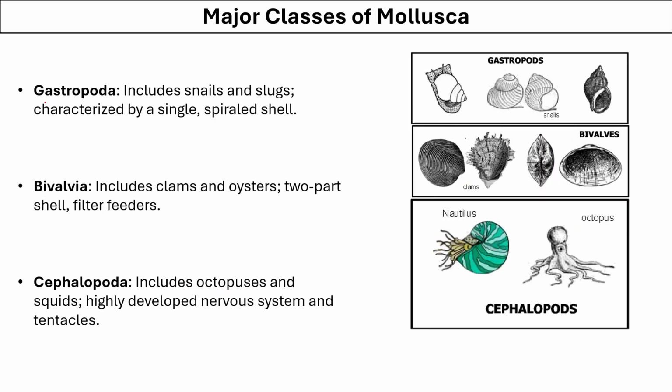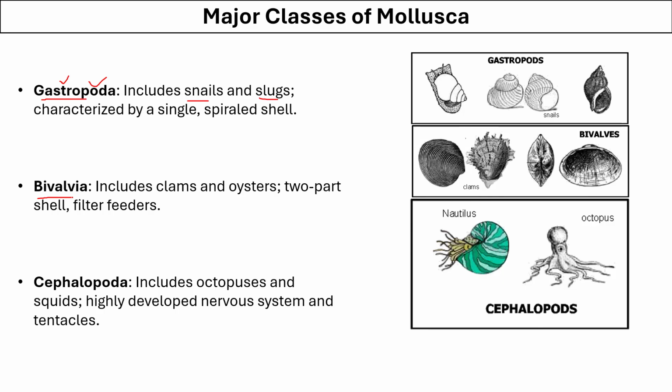Major classes of mollusca are, first, gastropoda. Gastra means stomach and poda means foot. That means their foot is attached to their stomach or originates from the area of the stomach. This includes snails and slugs, and you must have seen that they seem to be crawling on their stomach. Second are bivalvia.